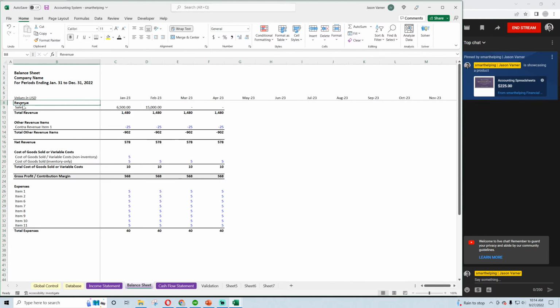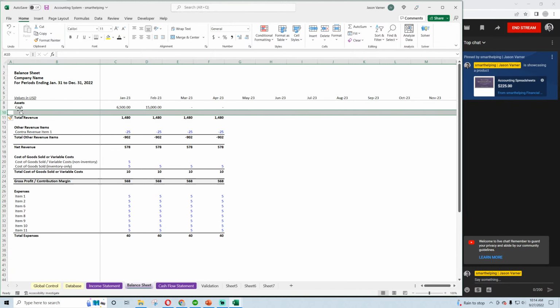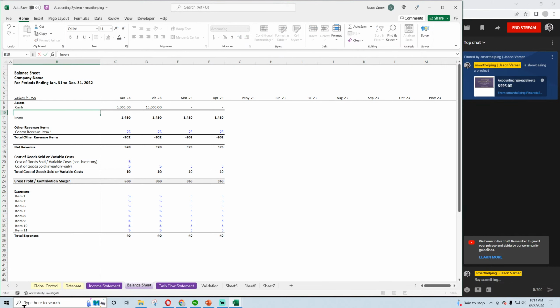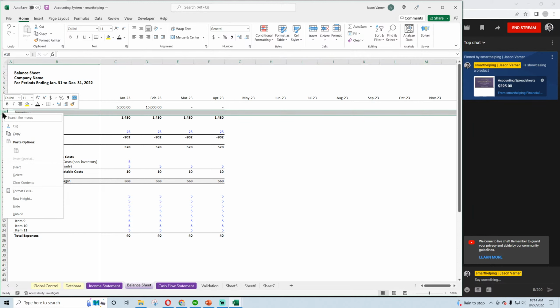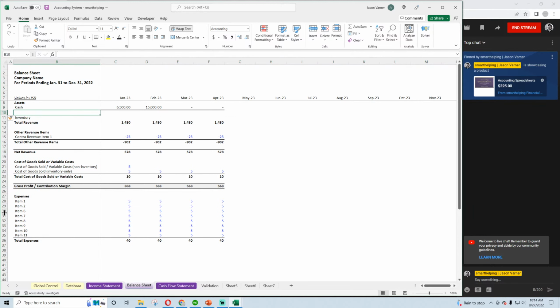So we'll have assets, and assets will have cash. We'll have a couple things. We'll have inventory, potentially. We probably won't get to inventory today. We might, I don't know. I'm going to try, but I don't know. And we also have accounts receivable. So those are our assets.